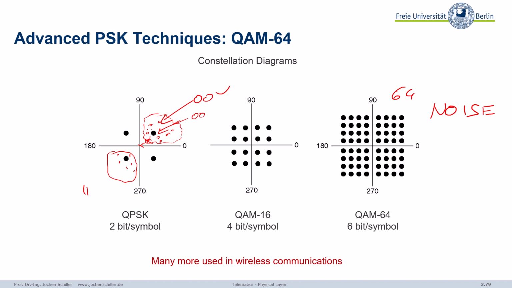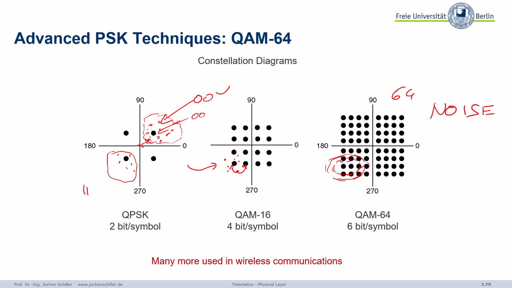Perfect. But now what happens if you code more bits per symbol, 4 bits per symbol? If you receive something around this, do you map this to this point or to that point? Or even worse, if you receive something here, assuming the same noise, what does it mean?